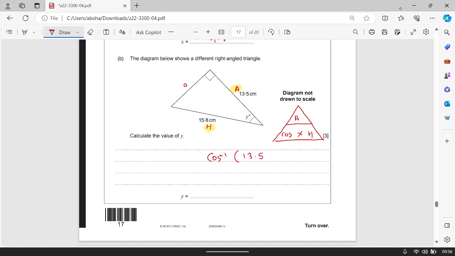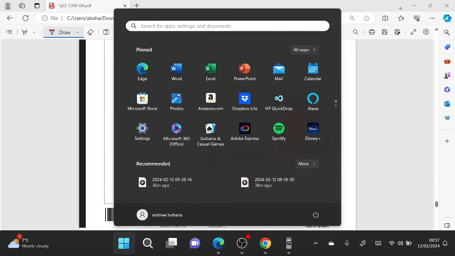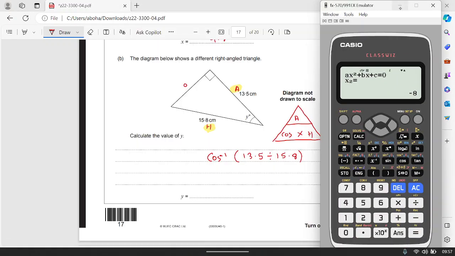13.5 divided by 15.8. Put that on your calculator and you should get 31.788, something like that. Actually, I will do that for you on here.